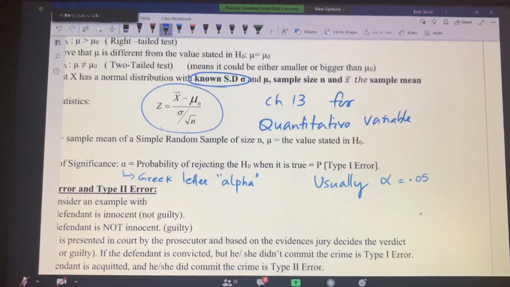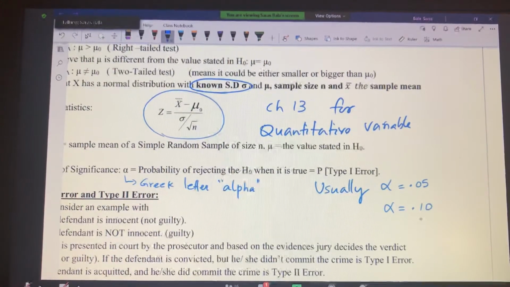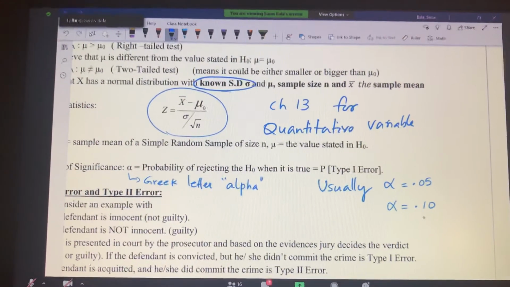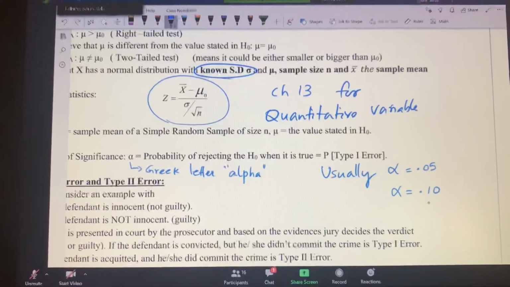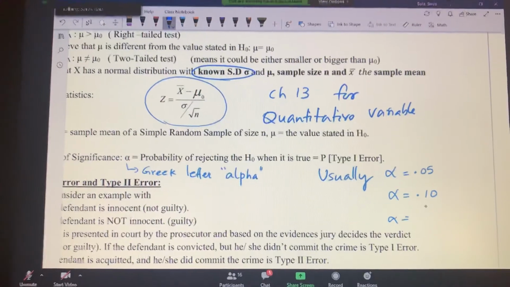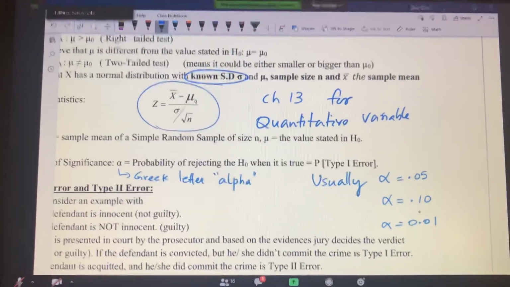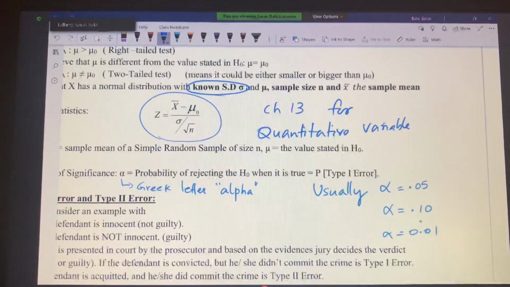Alpha could be 10 percent when your confidence level is 90 percent, the complement of the confidence level. Or sometimes alpha is going to be 1 percent when you talk about the confidence level of 99 percent.